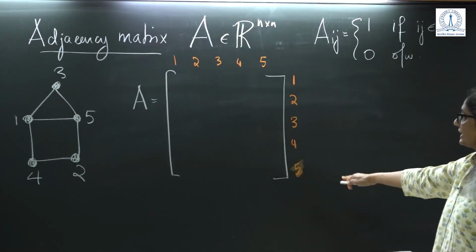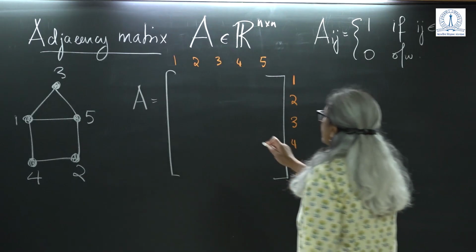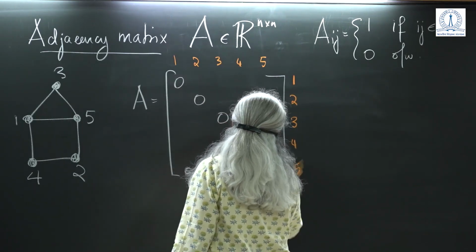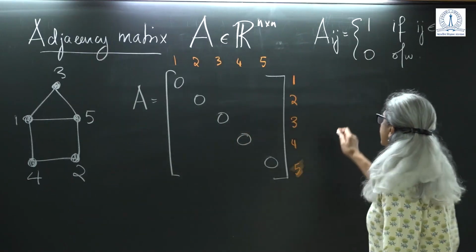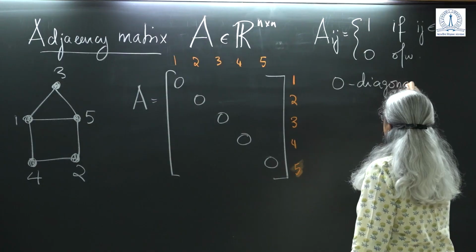So in the diagonal, what happens? If you look at the ii entry, what should we see? Just 0, right? Because we're not allowing loops. We're not allowing i to connect back to i. So this is always a matrix with diagonal 0. So I get 0, 0, 0, 0, 0. Okay? So that's one property of it, that it always has the 0 diagonal.